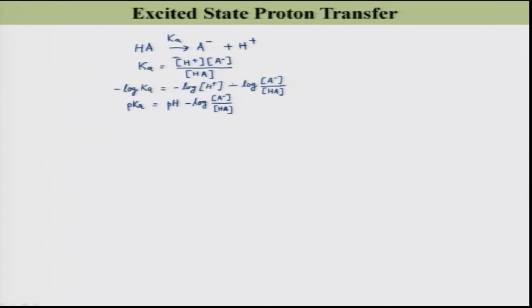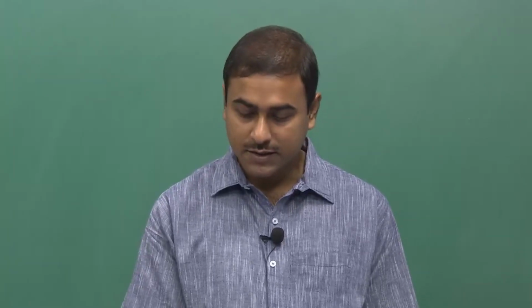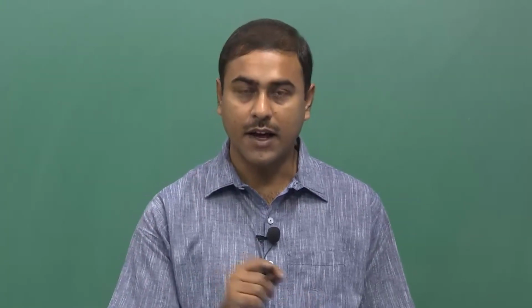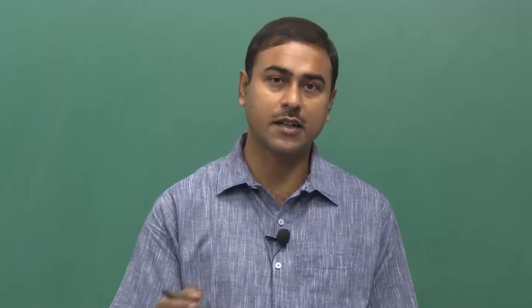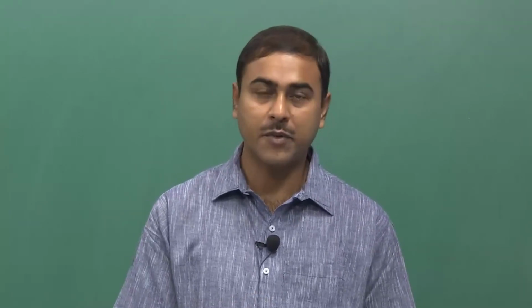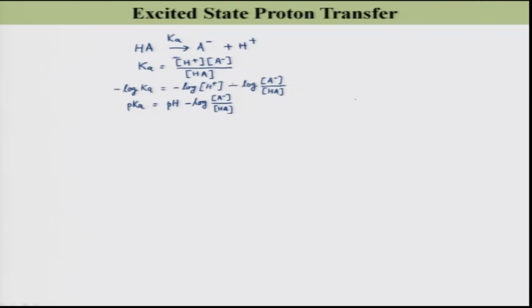Now, if I consider that this HA is associated with some chromophore, that is, HA has a specific absorption spectrum and A minus has a different absorption spectrum, then it is straightforward to measure the concentrations of A minus and HA by the spectrophotometric method. For example, this is the absorption spectrum of HA.